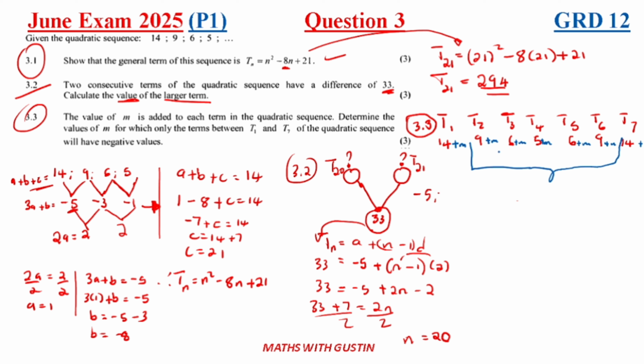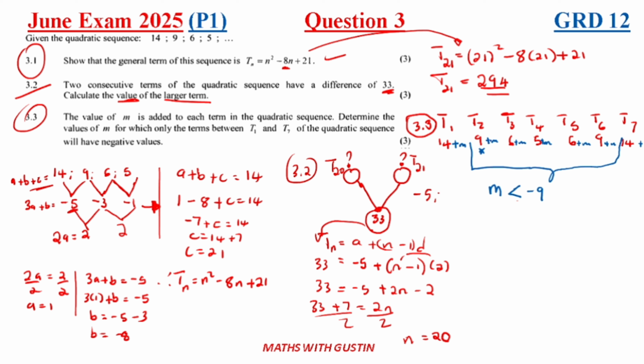So already you can see, if you have a look at this, guys, if you want these to be negative, all the values have to be less than negative 9. Why? Because 9 is the largest number here. So you can see m has to be all the values that are less than negative 9.